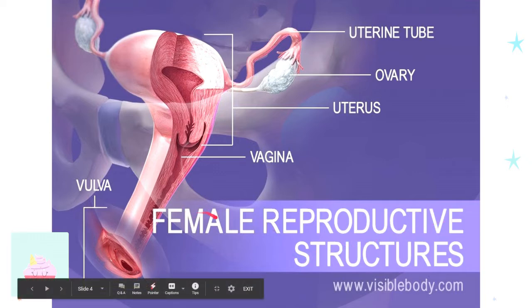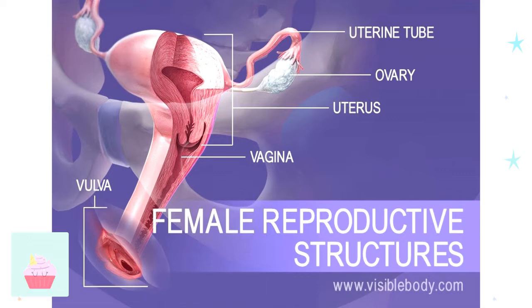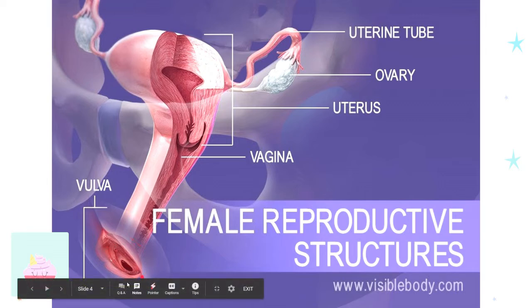So the outermost structures, the external structures, is actually called vulva. Let us correct the misconception, because whenever people say vagina, this is what they think of. But in reality, this external structure is collectively called vulva. These are your labia majora, labia minora, clitoris, and urethral opening.